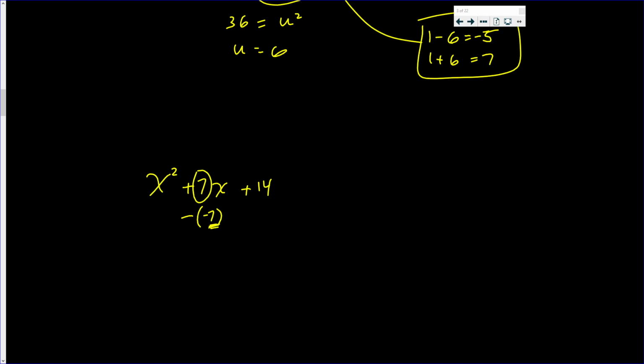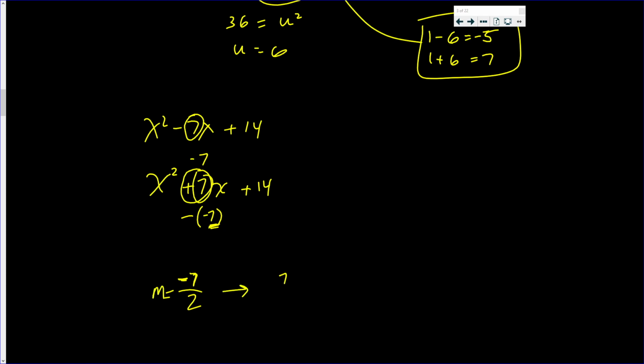So that's the number you take half of. If that's positive 7, you negate it, negative 7. If it were negative 7, if you did have x squared minus 7x plus 14, you negate that number. You negate negative 7, you get 7.